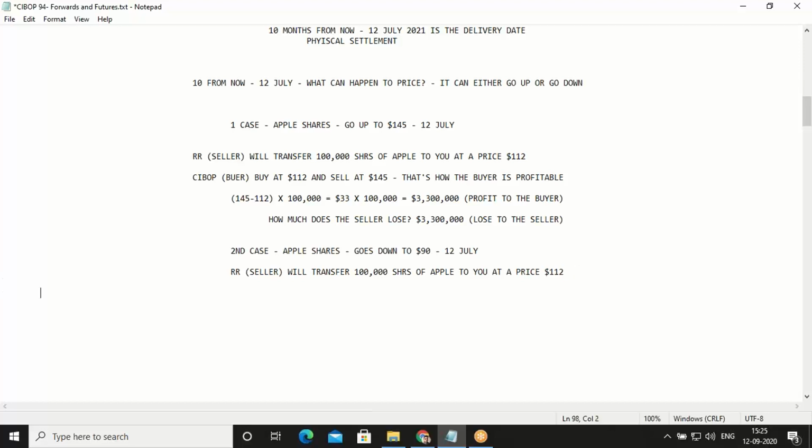Now in this case, you guys as the buyer would buy at 112 and sell. Let's assume we'll just keep it as sell, just to keep it easy. And that's the loss the buyer incurs.